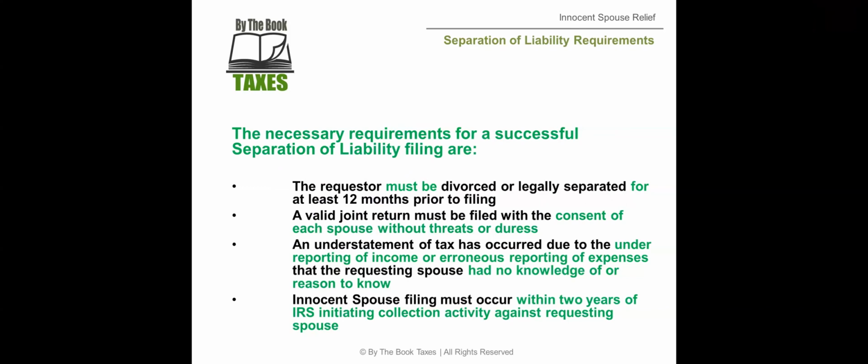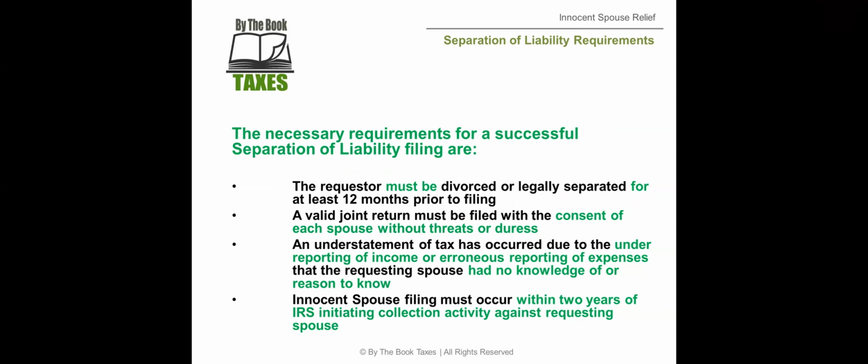The next three are the same as traditional. A valid joint tax return must have been originally filed by a married couple with consent, without threats or duress.